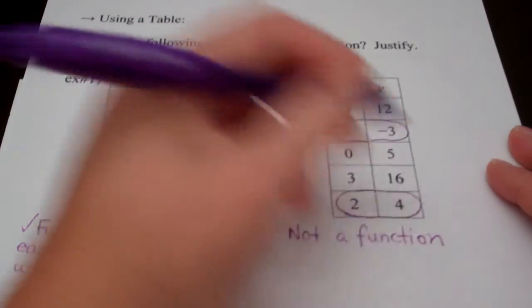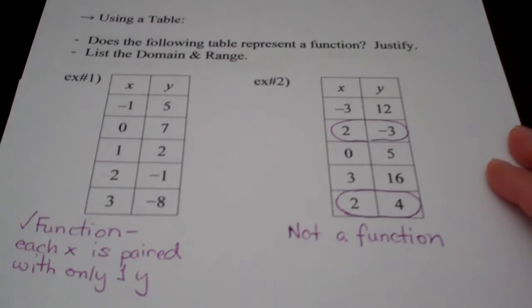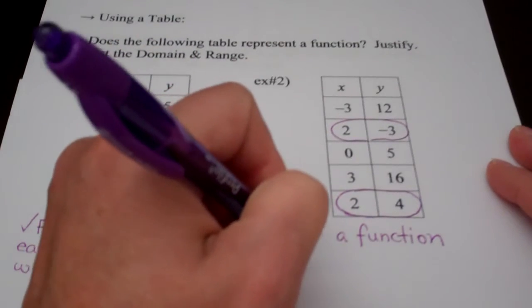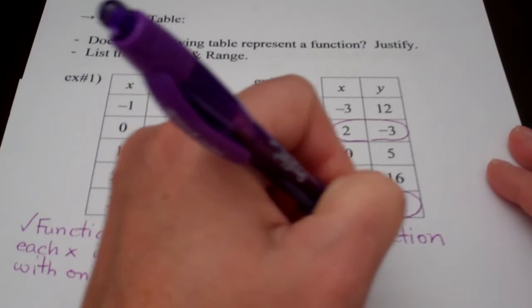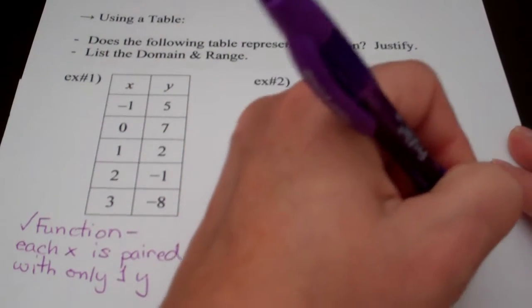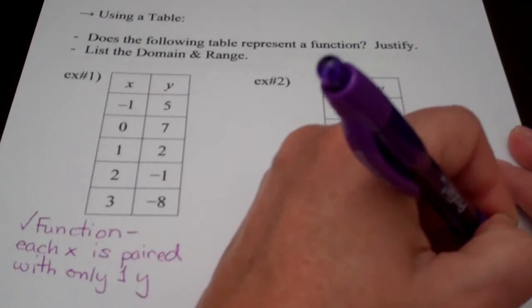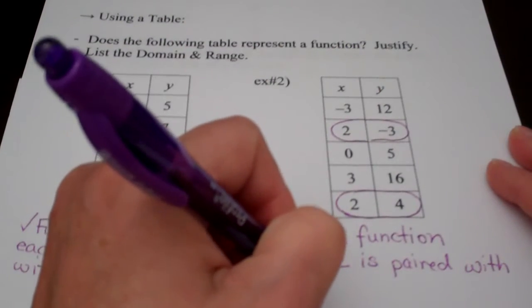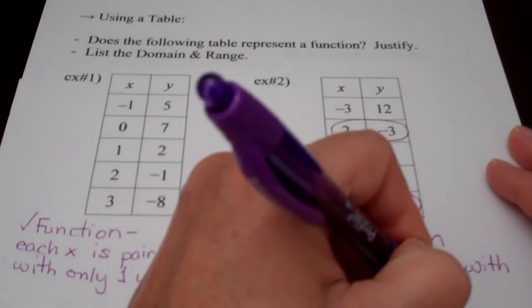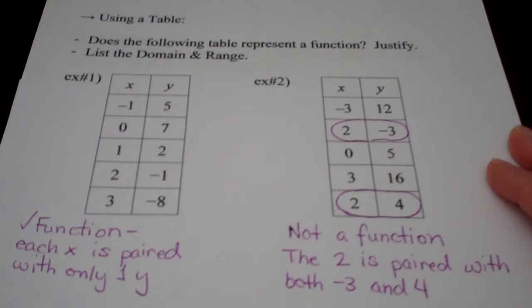And if you wanted to describe in words why it is not a function, you could say something like the 2 is paired with both -3 and 4, right? And that violates the criteria for a function.